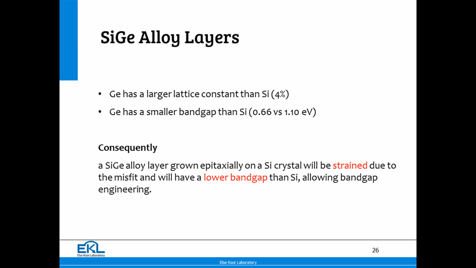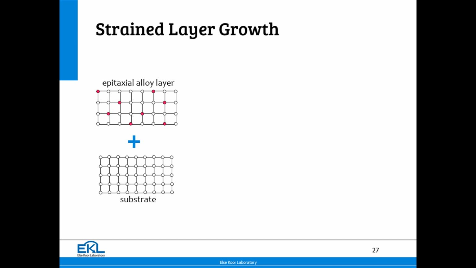It also has a smaller band gap than silicon, 0.66 versus 1.1 electron volt, and it is the reduction in band gap we are after. So if we grow a silicon germanium alloy layer on top of a silicon crystal, it will be strained due to the fact that it doesn't fit, and it will have a lower band gap, and that is what we call band gap engineering. So strained layer growth, 2 things can happen.